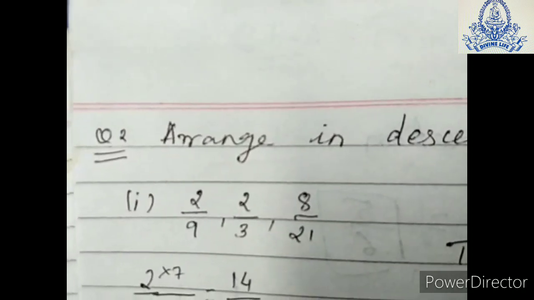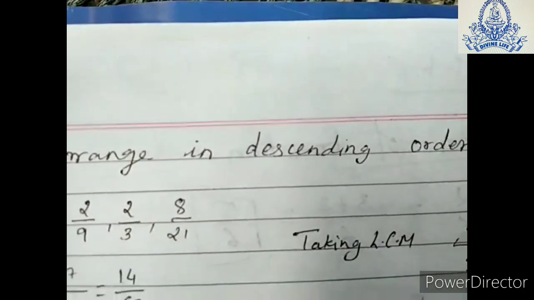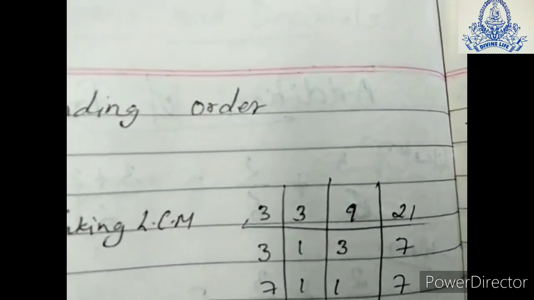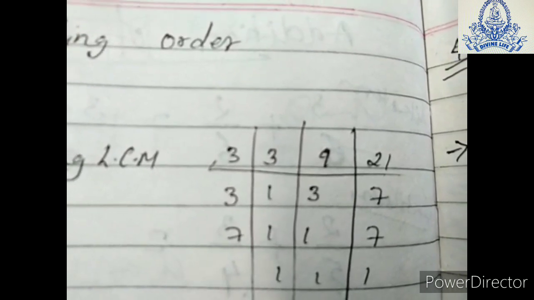So for 9, 3 and 21, we will take the LCM of these three numbers, and see how I have taken the LCM. 3 1s are 3, 3 3s are 9, 3 7s are 21, again 3 1s are 3, 1 is 1, 3 7 it is as it is, and 7 1s are 7. So 3 3s are 9 and 9 7s are 63.